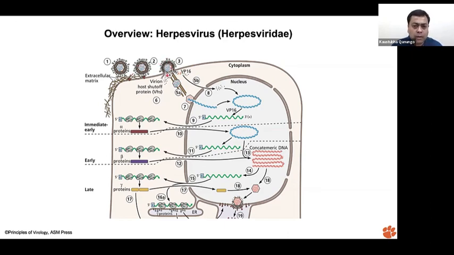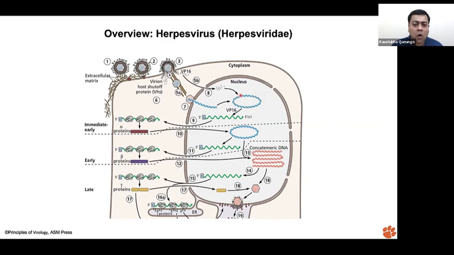The herpes virus fuses, and it releases a protein which is called VP16. So VP16 is immediately transported into the nucleus. On the other hand, the capsid core is transported to the nuclear pore, where the linear double-stranded genome is released, and immediately it is circularized.